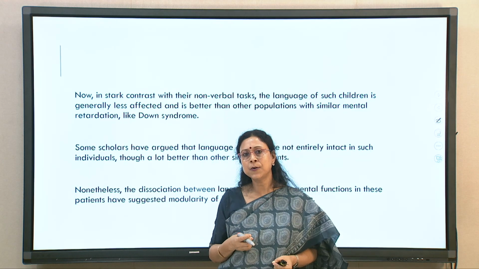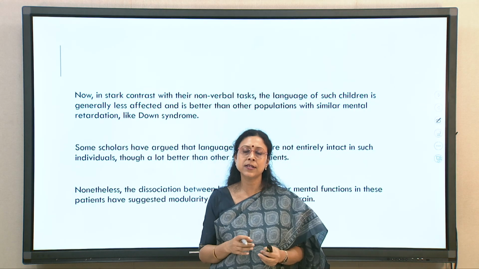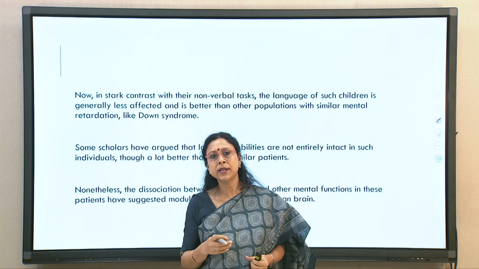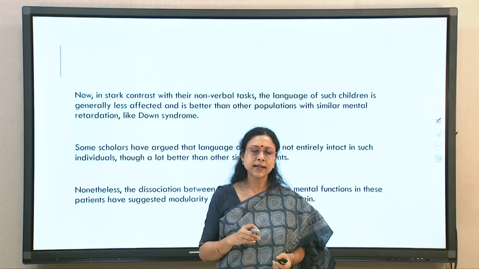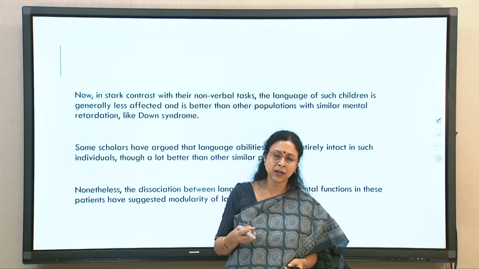Similarly, many others, alongside many other physical deformities as well. However, in spite of so many issues, the language abilities are more or less intact, in fact better than many other similar populations like Down syndrome.